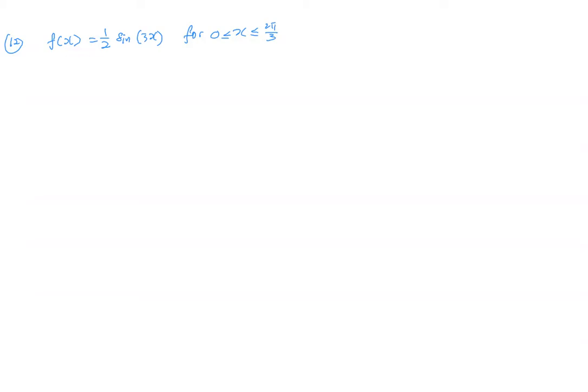Okay, and the graph is shown. So now, first part, you have to find f prime x. So what you need to do is half, when you differentiate sin, you get cos. After that, the derivative for 3x is 3. So this will be 3 over 2 cos 3x. Okay, done. That is the first part.